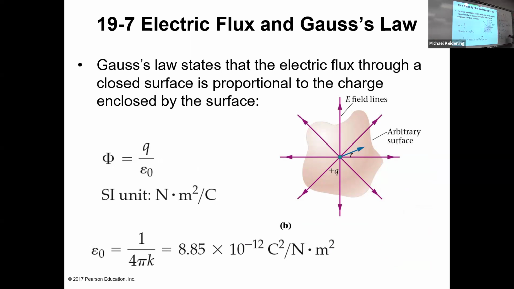And epsilon naught is 1 over 4 pi k, or 8.85 times 10 to the minus 12 coulomb squared over Newton squared.